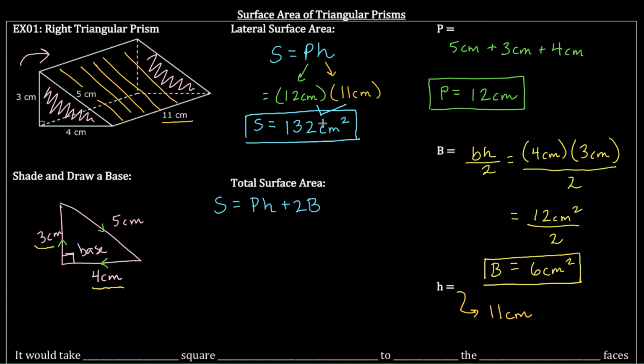Now I'm just going to carry this down here because I don't want to write all this over again. So 132 square centimeters, and then we'll add 2 times our area of the base, which is 6 square centimeters.